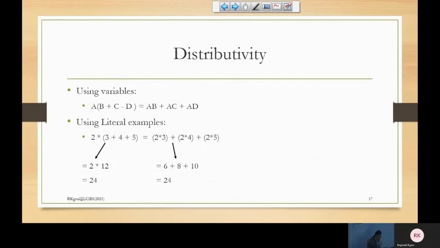So this means A times, or A on B plus C minus D. So the answer that you get by doing the B plus C minus D first, and then multiplying it by A, should be the same as if you multiply the A by each of those individuals. Then you do the multiplication there.